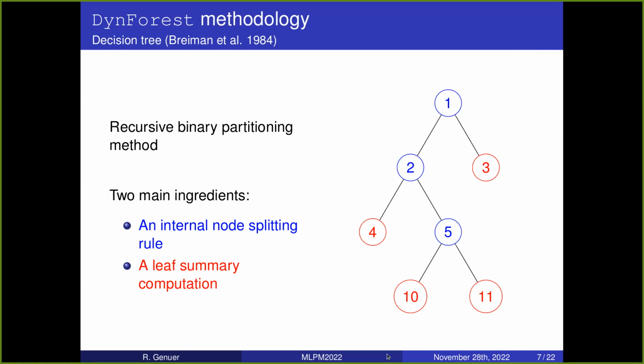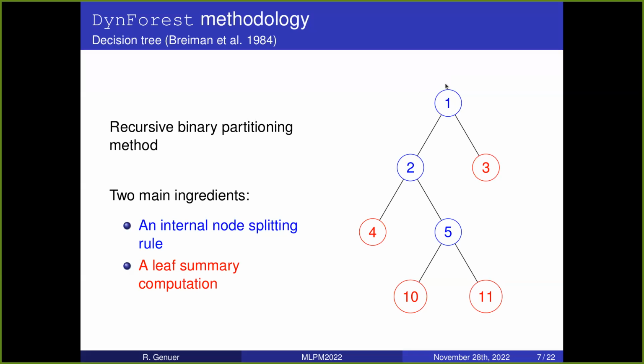So one tree looks like what you have here on the right. The main principle of the tree is to recursively partition your input space in a binary manner. So the algorithm works like this.